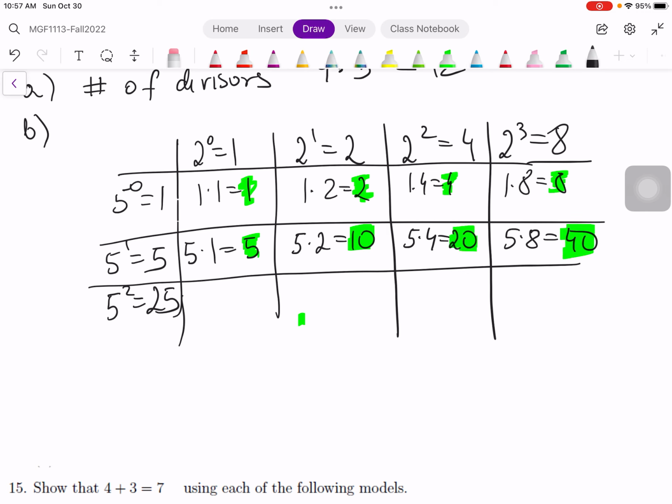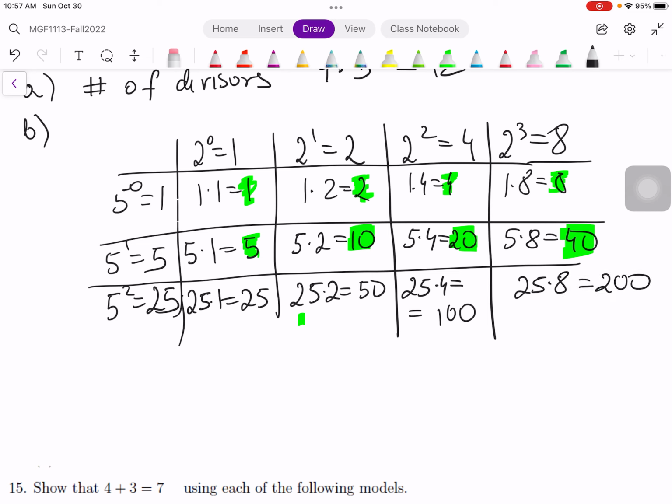Those are another 4 divisors. And then the last row is 25 times 1, 25 times 2, which is 50, 25 times 4, which is 100, and 25 times 8 is 200. So now you have the next 4 divisors: 25, 50, 100, and 200.